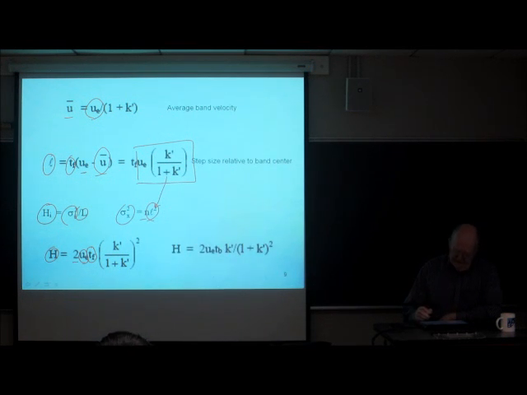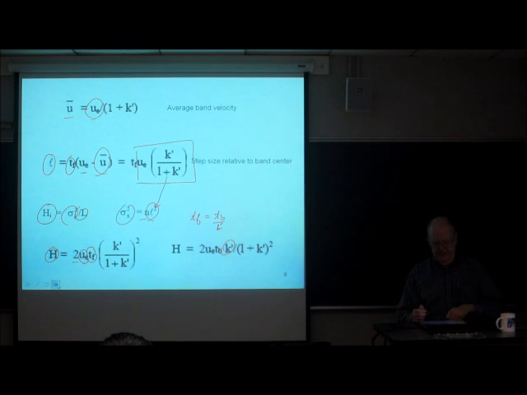But by algebra, that would also be equal to 2 UE TB times K prime over 1 plus K prime squared. This K is not squared. And all I'm saying is that TF equals TB over K prime, which is back a slide or 2.